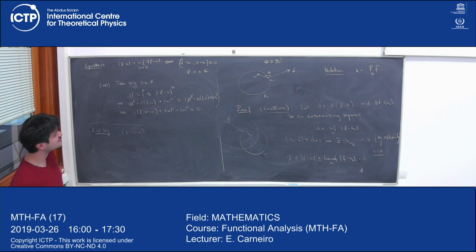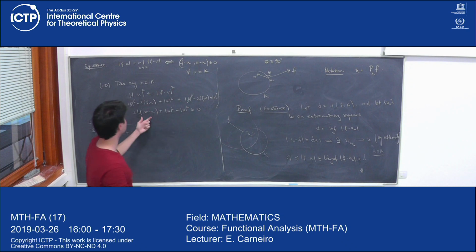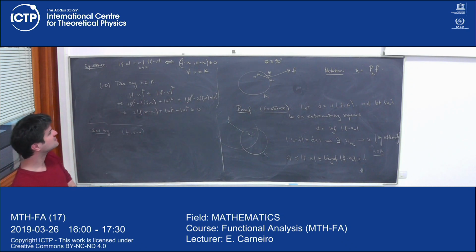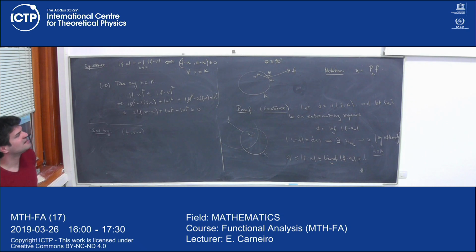The scalar product of F with V minus U, minus U and V minus U. We have one of them, and minus U and V minus U gives us minus the norm of U squared. And we get minus VU, and here we use Cauchy-Schwarz. Minus VU, you change by U times V. We have minus VU, that's greater than or equal to minus the norm of U multiplied by the norm of V.